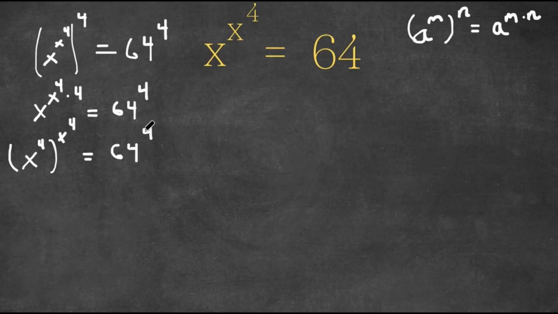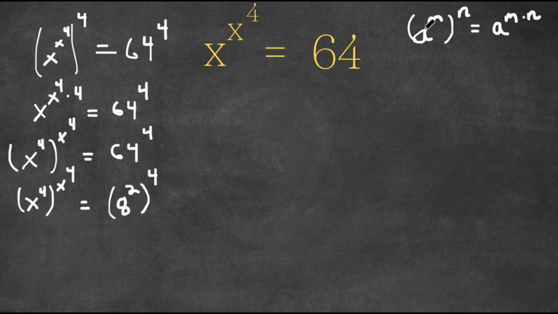Now 64 can actually be written as 8 squared. So 8 squared to the power of 4, and this is still equal to x to the power of 4 to the power of x to the power of 4.